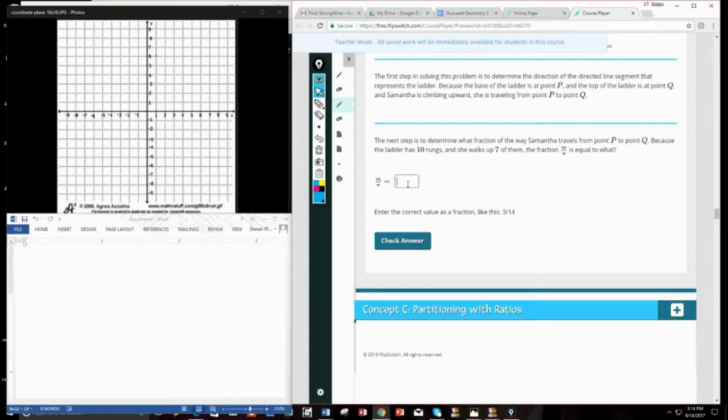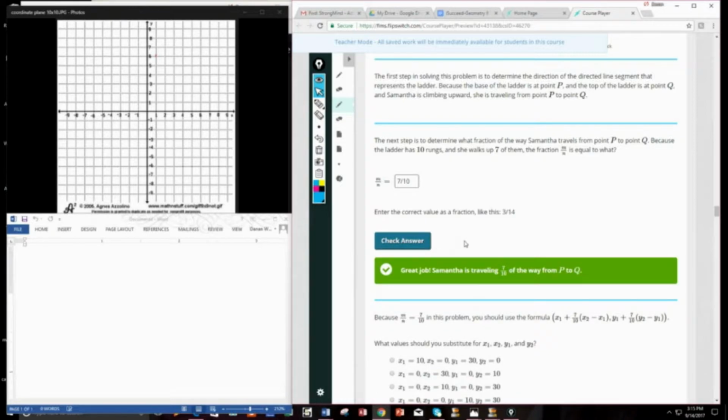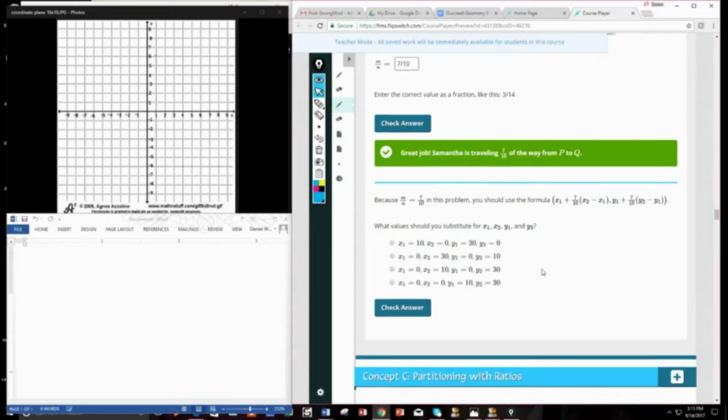Our denominator is always the number of sections it has. And then she walks up 7 of them, so that's our numerator. Our fraction is 7/10. Great job.